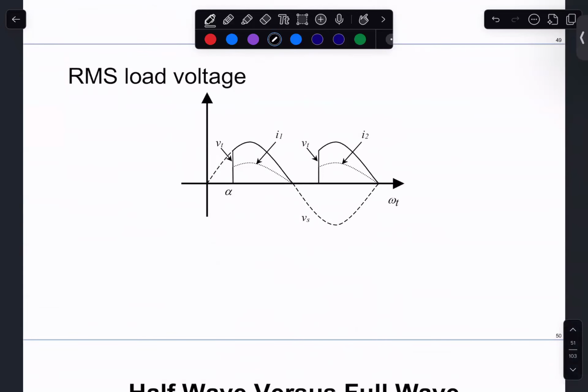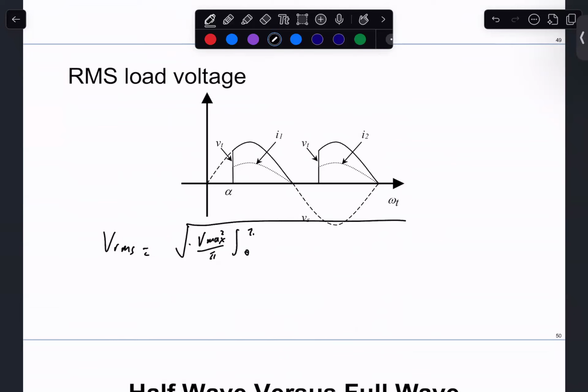The RMS load voltage, again, we can compute this by doing some calculations. The definition of this is Vmax squared over pi. So we want to think about this.